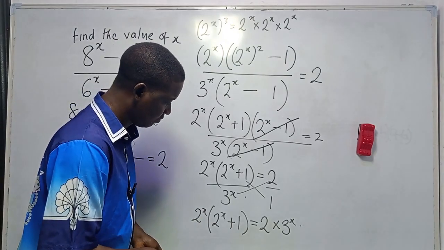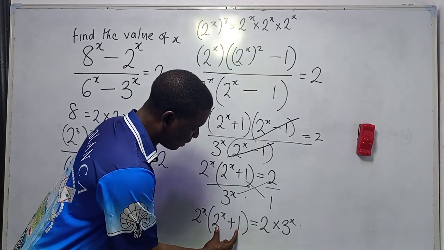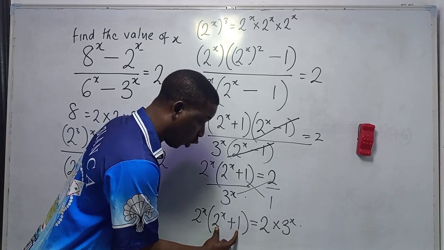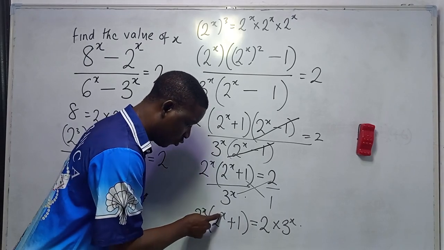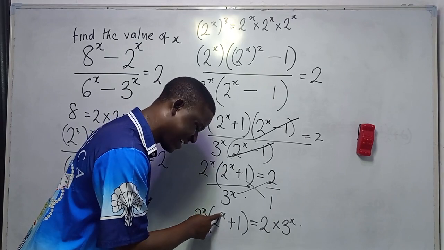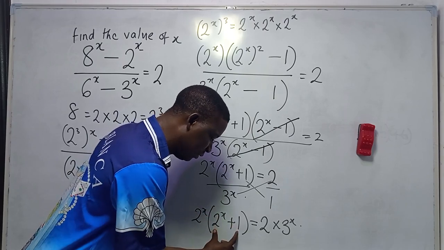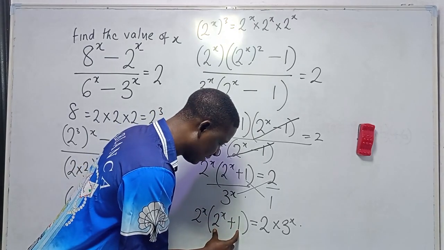If you check this mathematically, this particular side will give us an odd number, because there is no amount of value you put for x here that will not give you this place as an even number.